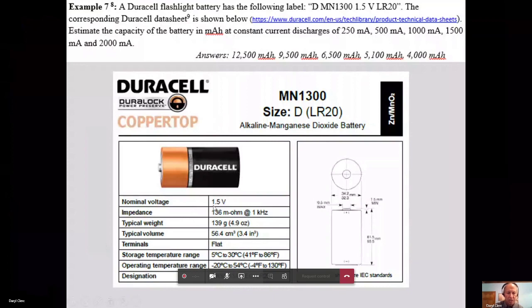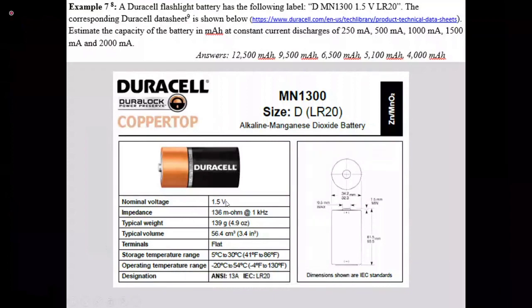It shows us the nominal voltage, 1.5 volts, the volume and the weight. The goal of any battery manufacturer is to have the highest energy and the least amount of weight. Okay, so here on the right, we have dimensions.